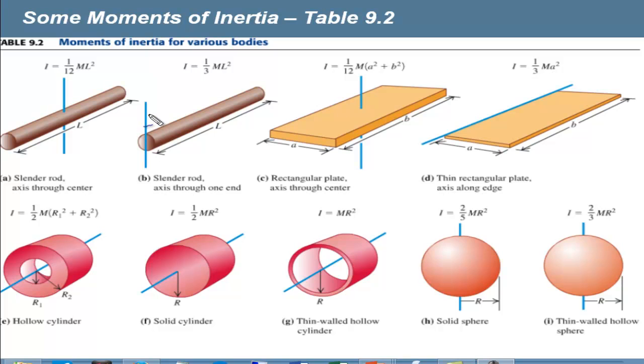Well, of course, if we are going to talk about how the mass is distributed, then we better know which axis we're talking about, right? So you can look at these two cylinder rods. They have different moments of inertia. One of them is 1/12 ml squared, one of them is 1/3 ml squared.